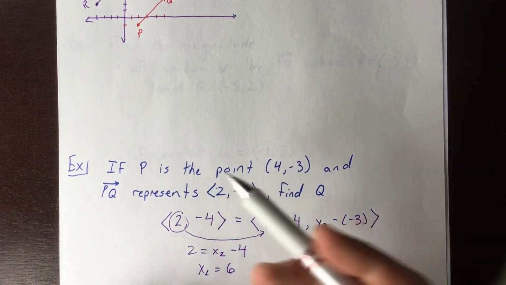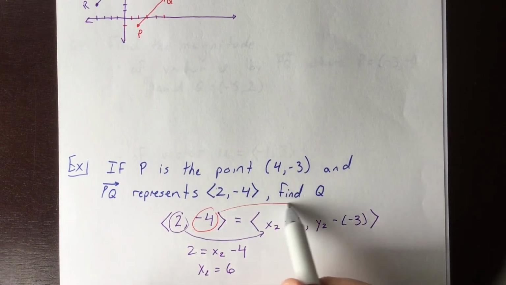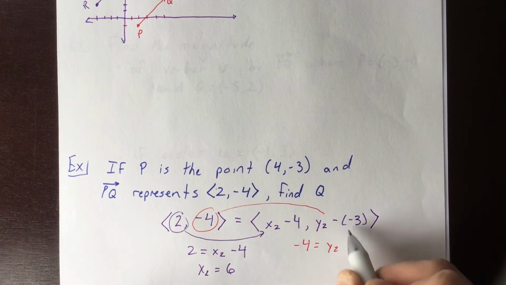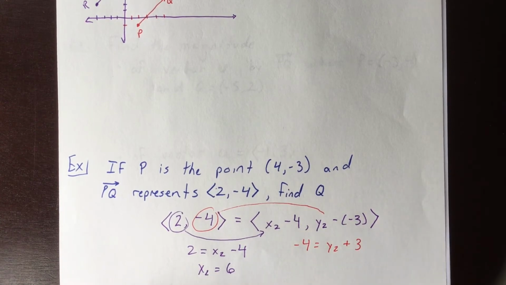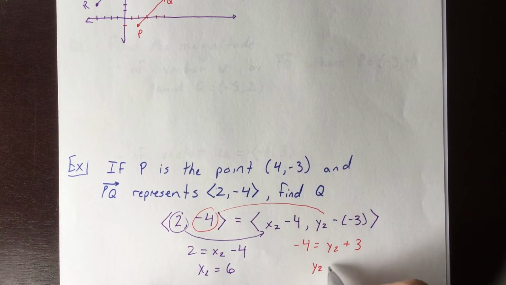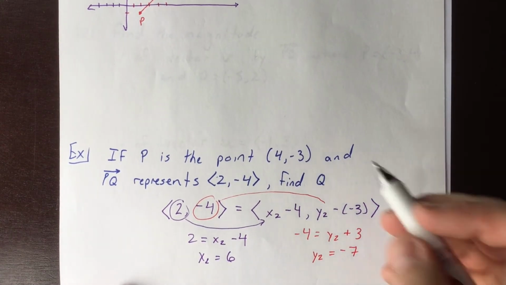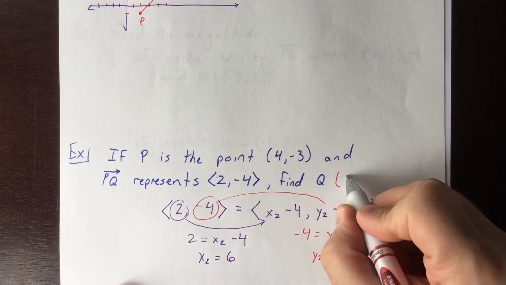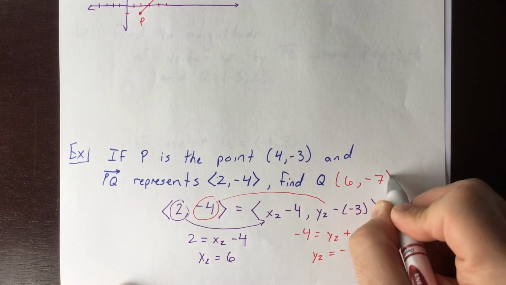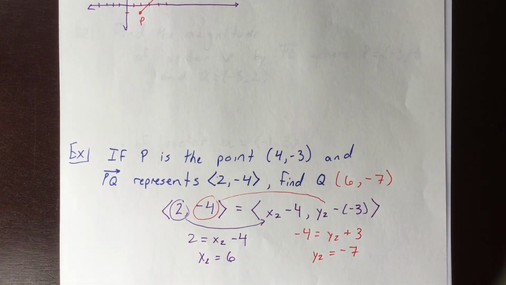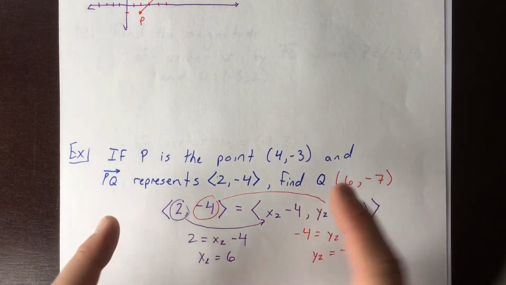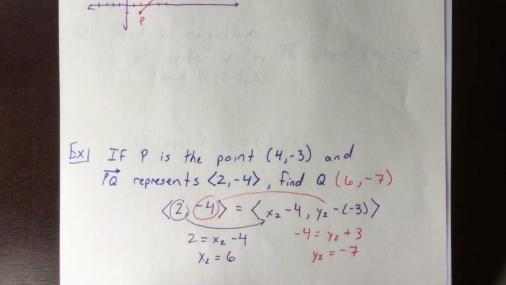And then I can also say that negative 4 will equal y2, really plus 3, which would say that y2 must be negative 7. So then the coordinate of Q, to have this vector, must be 6, comma, negative 7. Okay, so just understanding vector form, the component form, and knowing which coordinate you're finding, just very simple algebra.